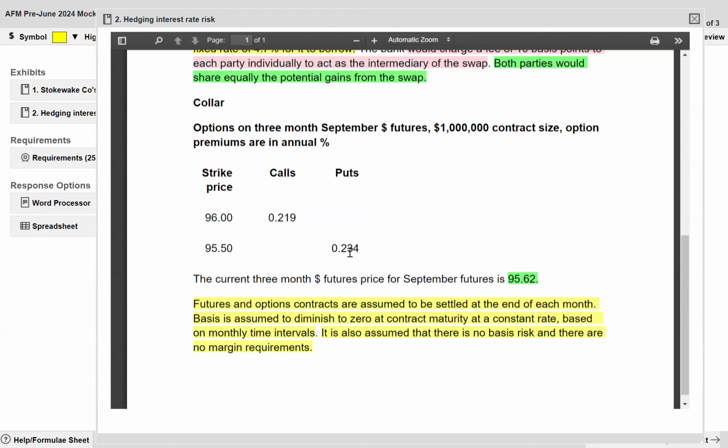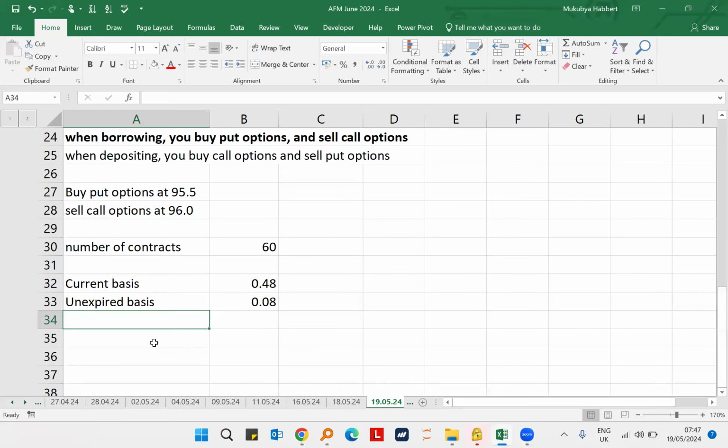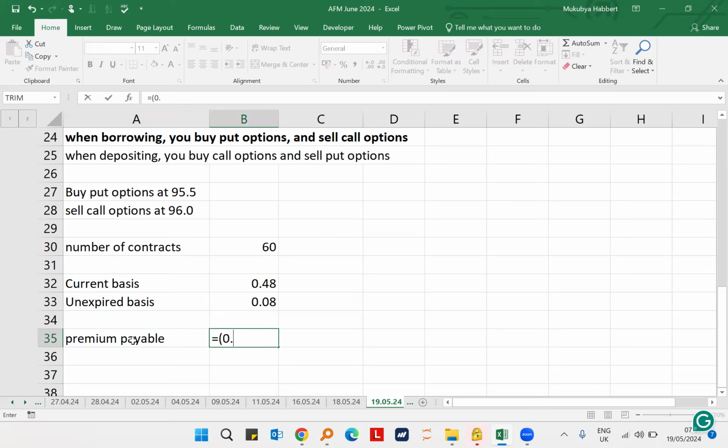So 0.234%. Okay, so what's the premium payable? It's going to be 0.234% minus 0.219%.